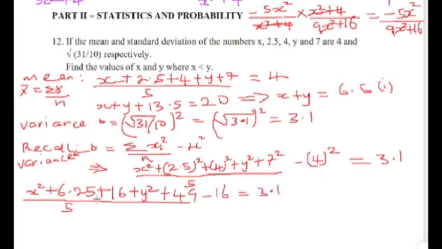So how do we clear the fraction? The smartest thing to do is to multiply through with the denominator. Okay, so this is what we have.